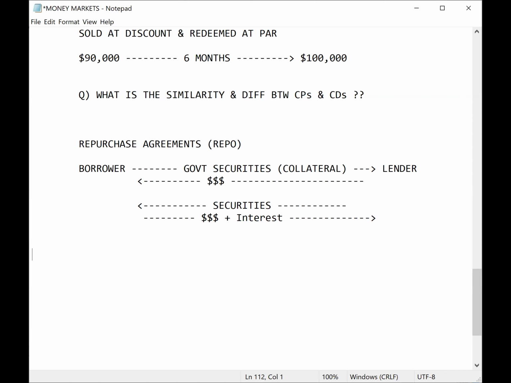Yeah. See what happens here. The borrower will lend some securities to the lender. Mostly these will be government securities, which would be given to the lender, and the lender would give the money. Later on, the securities would come back to the borrower, and the borrower will return the money along with the interest.